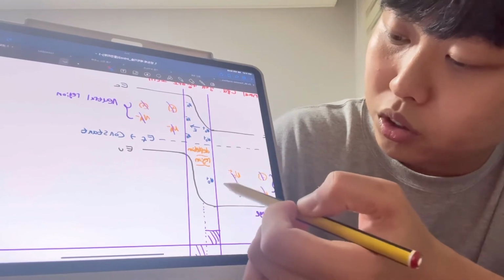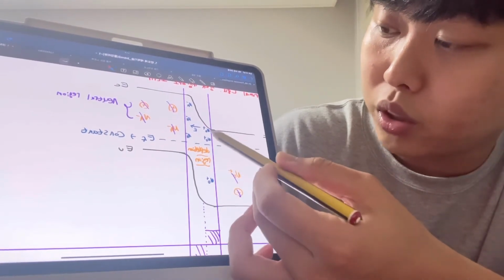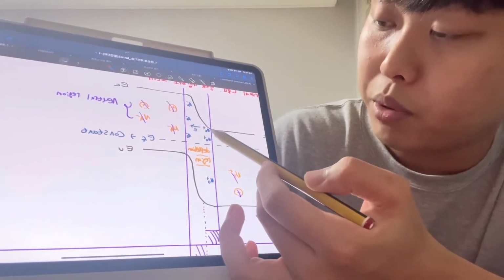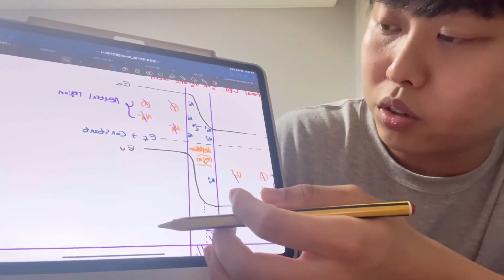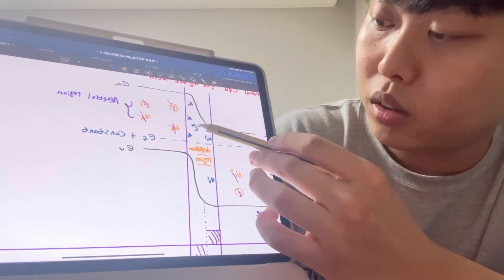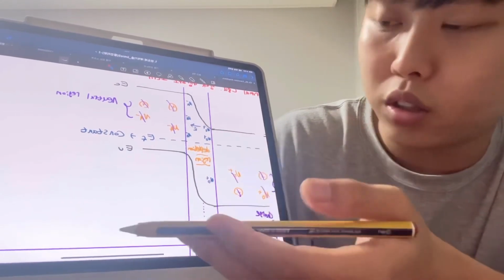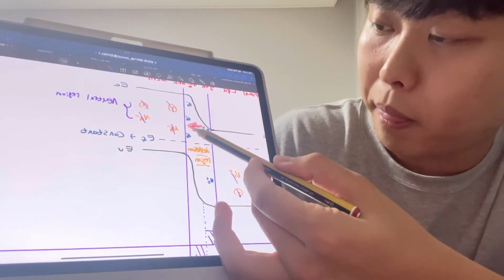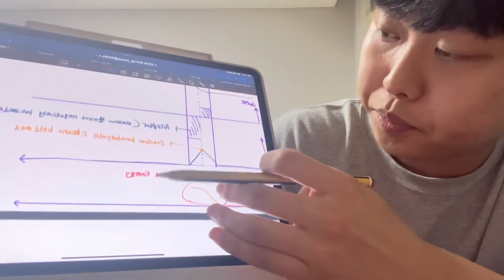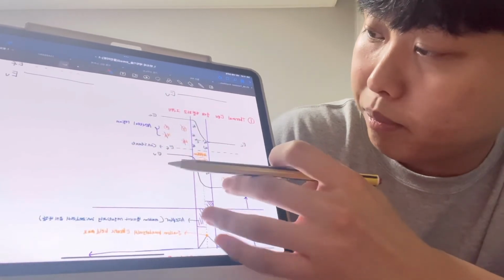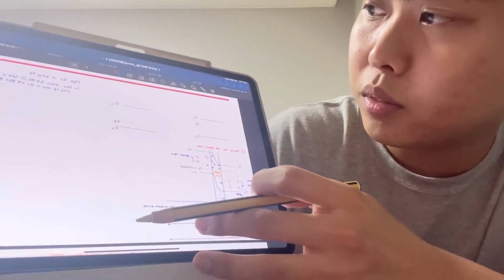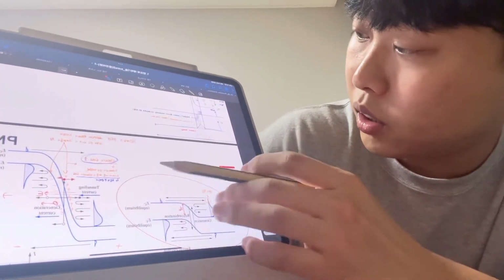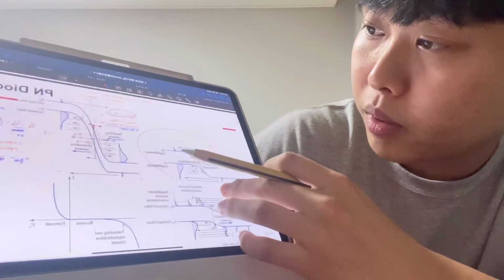Near the depletion region and neutral region, you get your own mobile carriers located nearby, and because of the attractive force, the electric field will flow in this arrow direction. So this is it for this diagram.